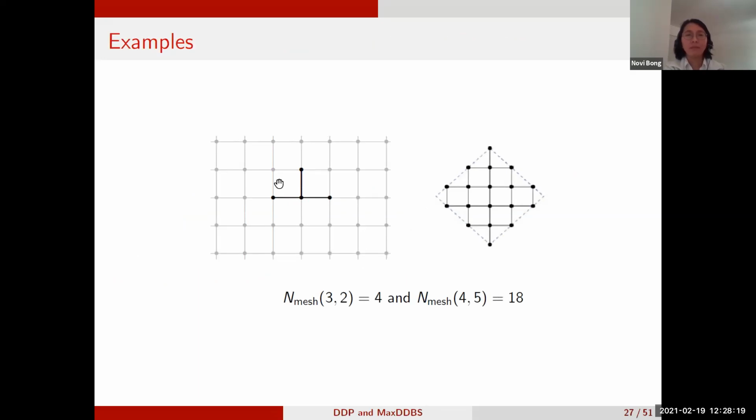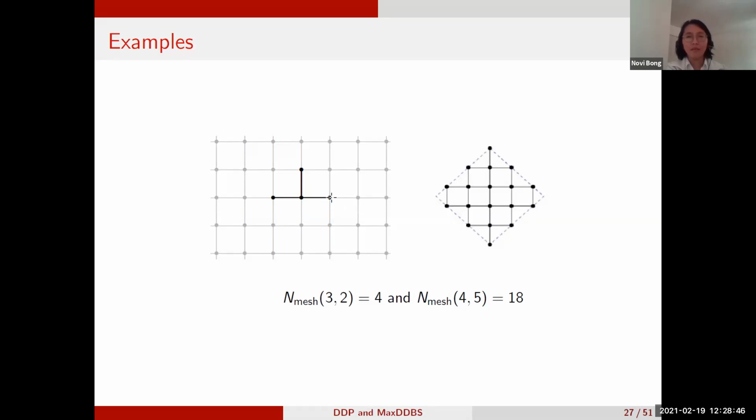So what are the hosts? Here's an example, the mesh. If you take the mesh as a host, you can only have maximum degree 4. That's the maximum you can have, so you find 4, 3, or 2, that's it. For the mesh with maximum degree 3 and diameter 2, for example, this is the largest subgraph you can get.